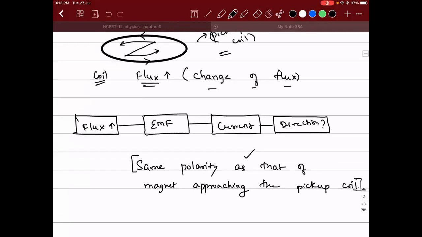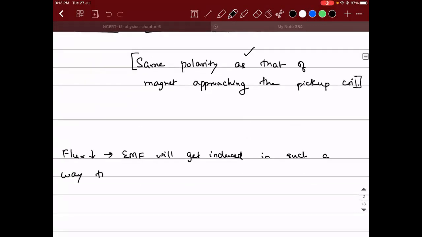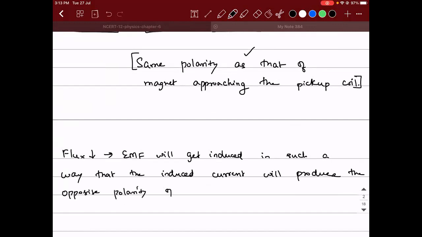Second, if there is a decrease in flux, then the EMF will get induced in such a way that the induced current will produce the opposite polarity of the magnet.